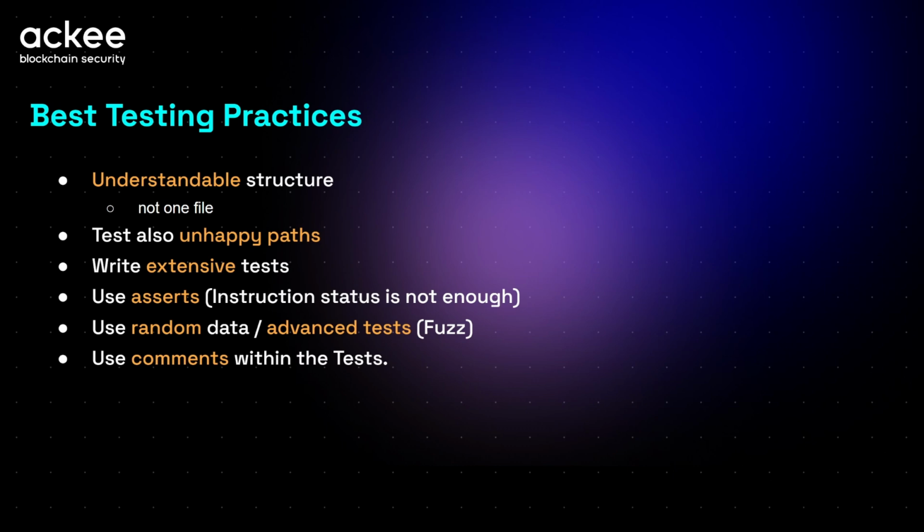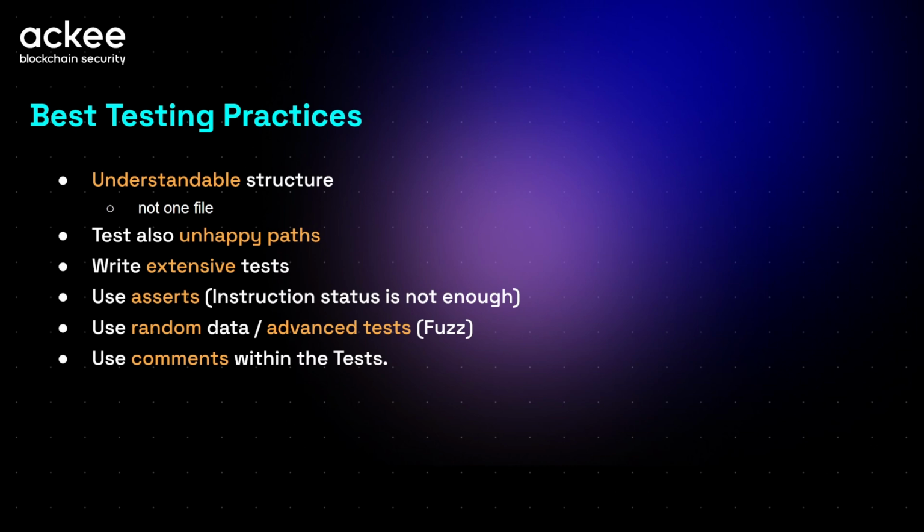Then the next point is about random data or advanced testing. I already touched this topic within writing extensive tests. The best is when you can test kind of randomly. The accounts and the data do not need to be completely random, but you should bring some randomness to your tests in order to test the real-life behavior of the Solana program.